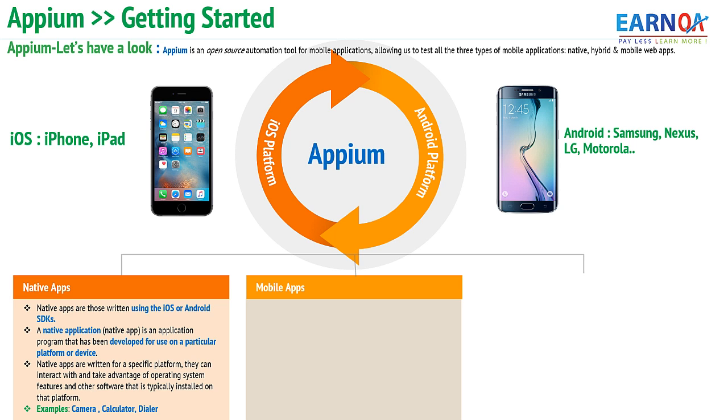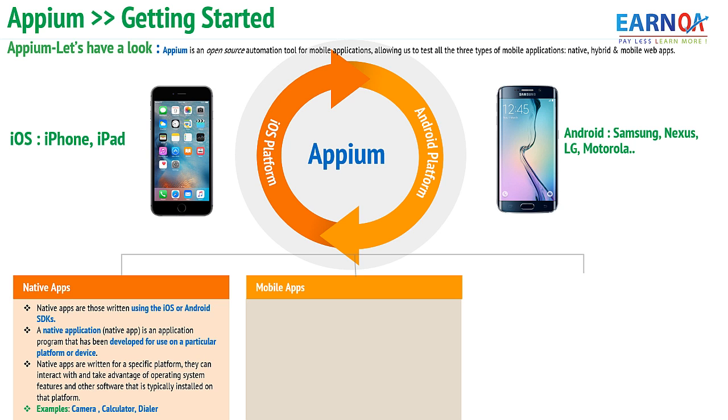The Android calculator application may not work in iOS because there are different applications in iOS and different applications in Android. Similarly, the dial pad and the contacts. These are specific and particular to the platform, and that's what we call native applications.